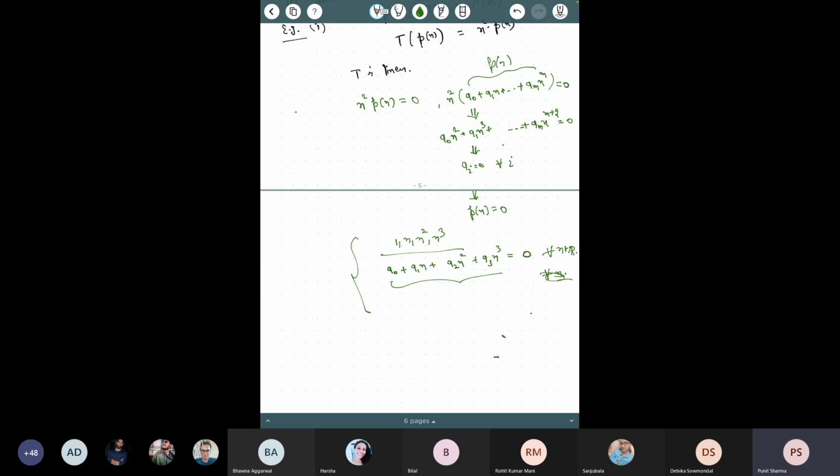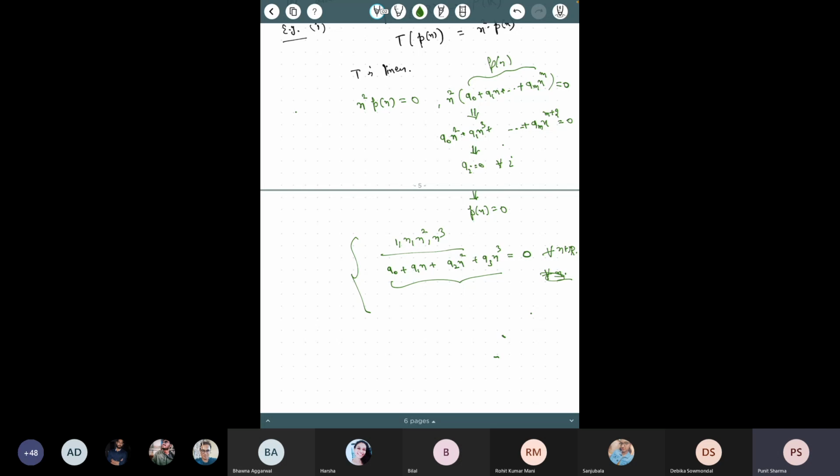So why is it infinitely many roots? If suppose it is a polynomial over C, then by the fundamental theorem of algebra, do you know what the fundamental theorem of algebra is? Every algebraic equation has a root. So that means every polynomial is also an algebraic equation.